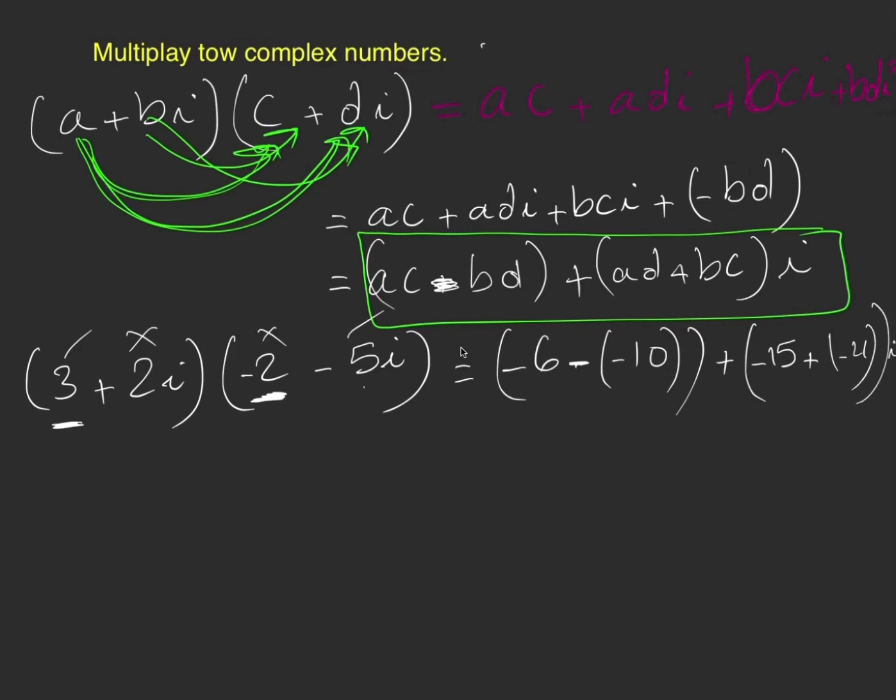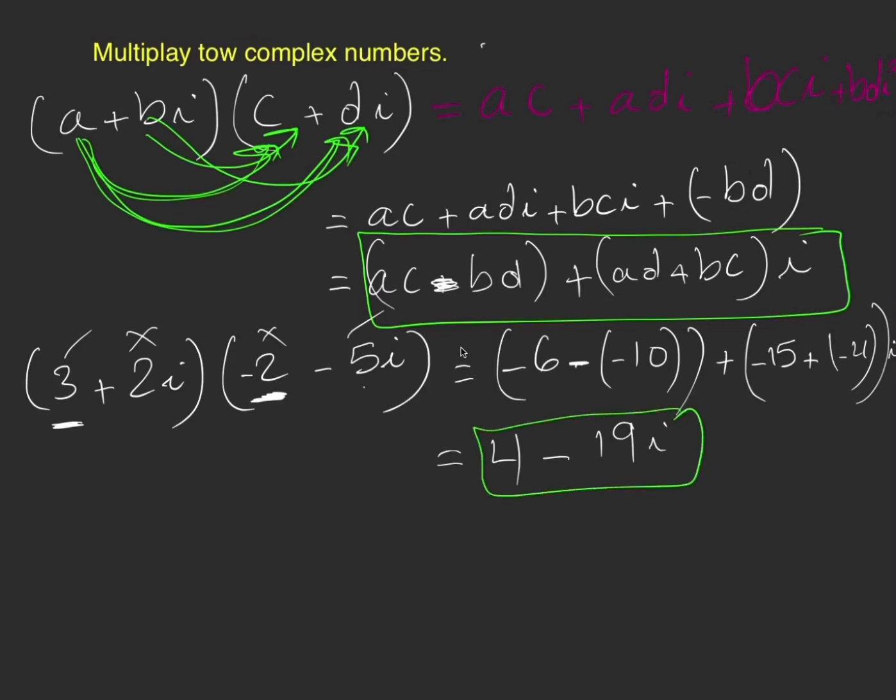So what is it going to give us? Very simple, easy to go. Minus 6 plus 10 is just 4, plus negative 15 plus minus 4 is just negative 19. So we take this plus here, and we put negative 19i. So this is the solution.